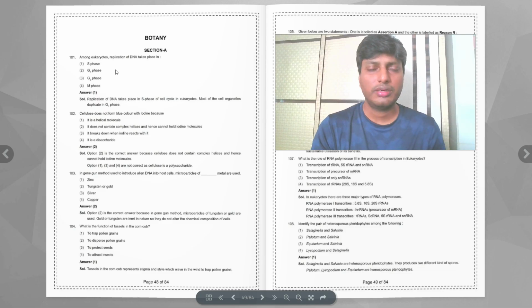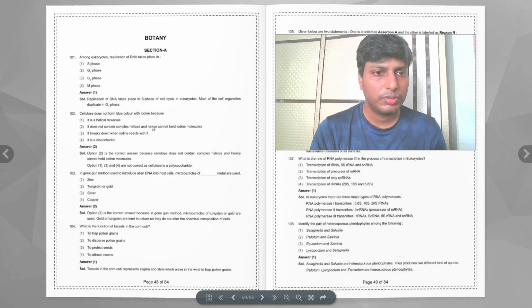Interphase is the preparatory phase of the cell cycle, during which the cell prepares itself for division. In interphase there are three subphases, G1, S, and G2. Inside that, the second phase, the S phase, stands for synthesis phase, during which the DNA strands replicate. So the answer is S phase.